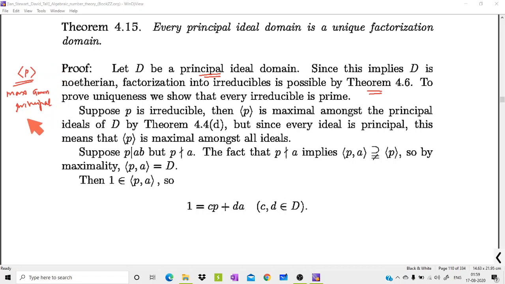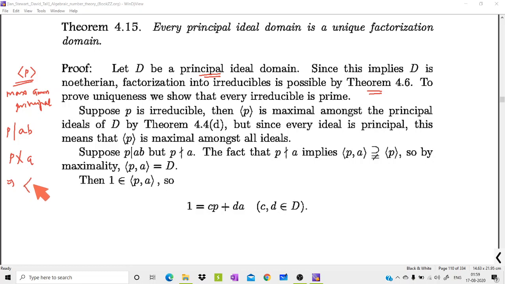Okay. So we will prove that this P is a prime element. In order to prove P is prime, we consider P divides AB, and we will prove that either P divides A or P divides B. If P does not divide A, what happens?